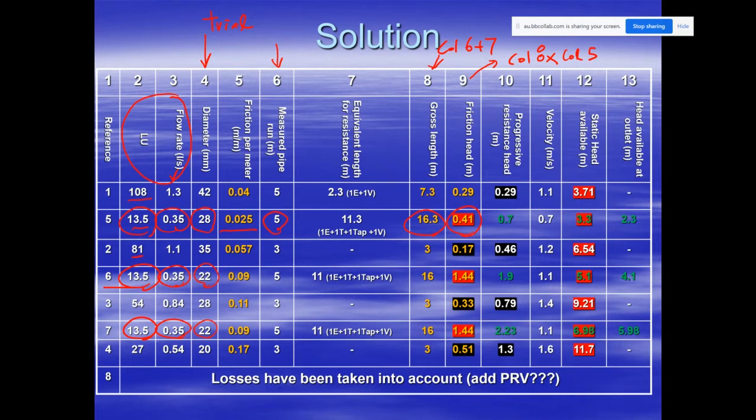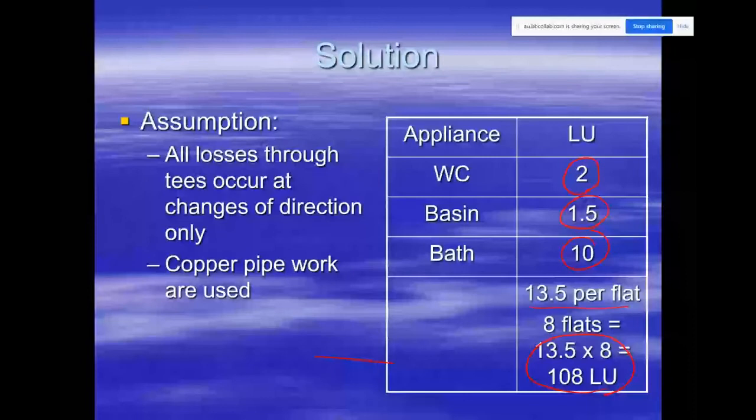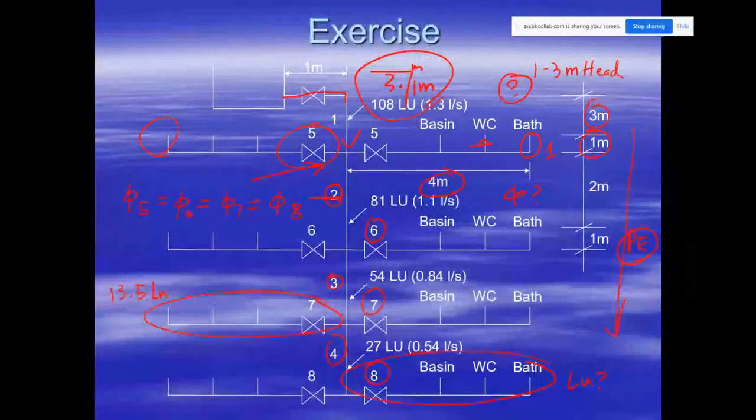Now, the progressive resistance head here. What is the progressive resistance? That means use this one plus this one. For this case, 0.29 plus 0.41, because this is the progressive pressure loss.